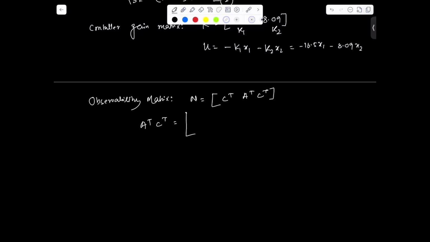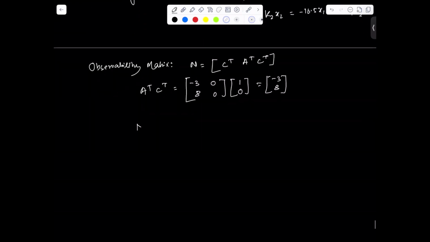C transpose is easily found. A transpose is [-3, 0; 8, 0] and C transpose is [1; 0], so A transpose C transpose is [-3; 8]. In matrix form, the columns are C transpose [1, 0] and A transpose C transpose [-3, 8].